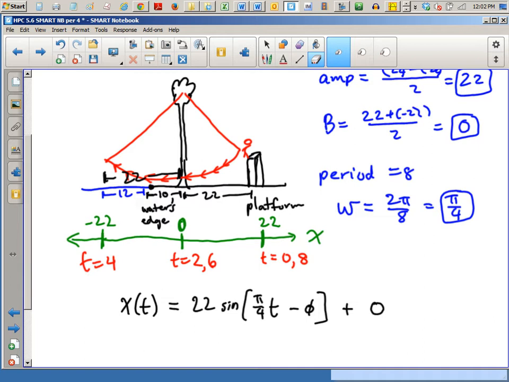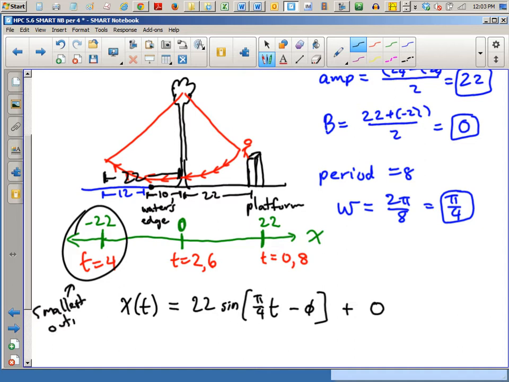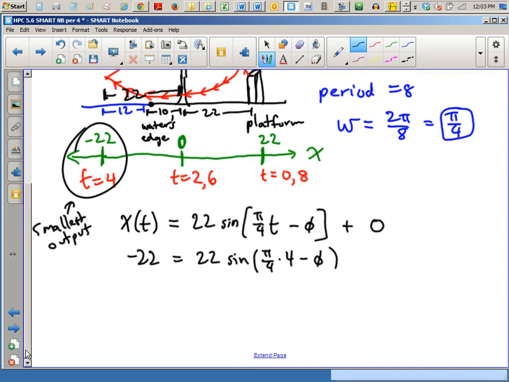So let's use t equals 4 and position equals negative 22. So this has the smallest output value. Okay, so I'll put negative 22 equals 22 sine of pi over 4 times (4 minus phi). And our goal is to solve for phi. Just like last time.